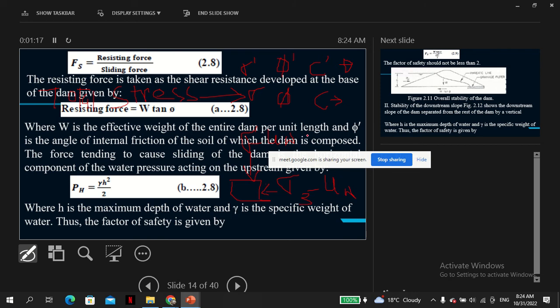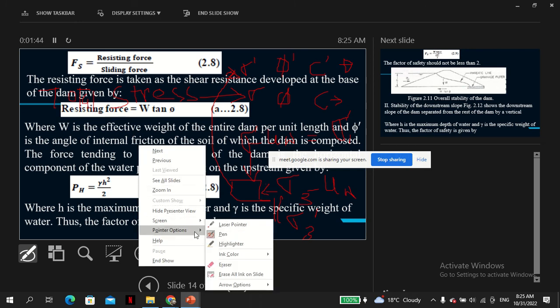So this would be denoted as sigma 1 prime, and this would be denoted as sigma 3 prime. So when you derive parameters from such an experiment, then you denote them as this. That means they are effective stress parameters, but sometimes you are not able to measure the pore water pressure, so you just talk about total stress.